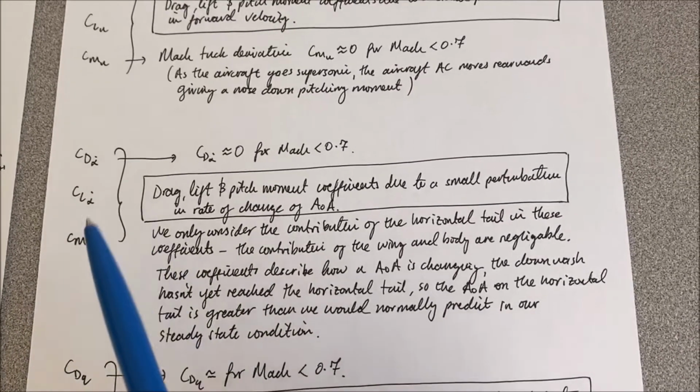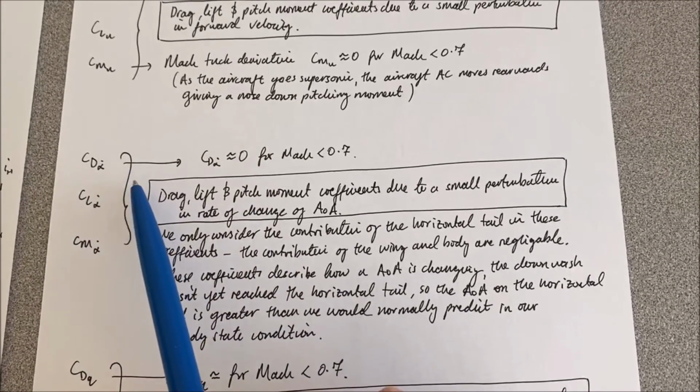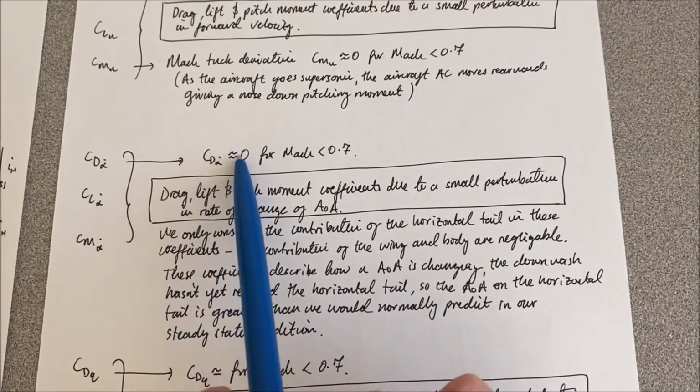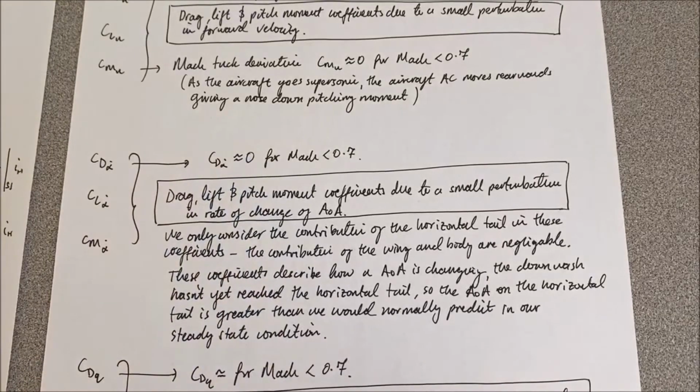And again, no special names for these ones, but CD alpha dot, again we can assume is 0 for subsonic speeds.